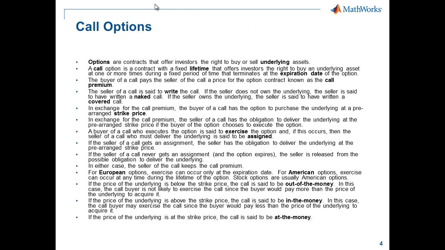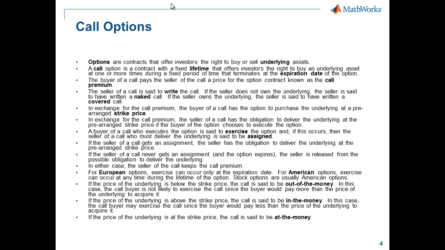Another dense slide, but basically the idea of a covered call strategy is that you own an underlying asset, and in our example we're going to be talking about underlying stocks. If you own that underlying asset and you write a call on that asset, it means you sell the option to someone else to acquire that stock at what is called a strike price.